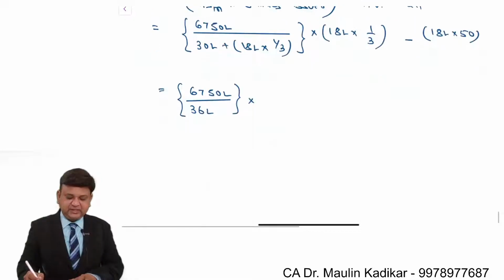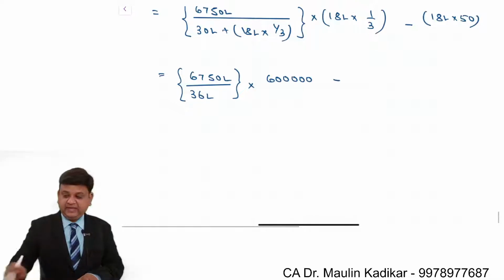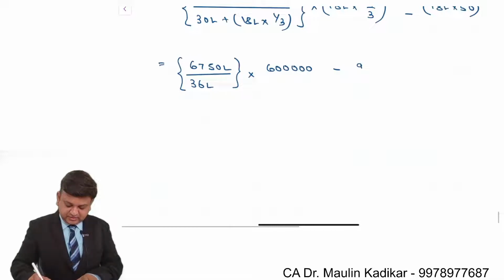So what will happen? That is 6 lakh shares have been issued, minus 900 lakhs.